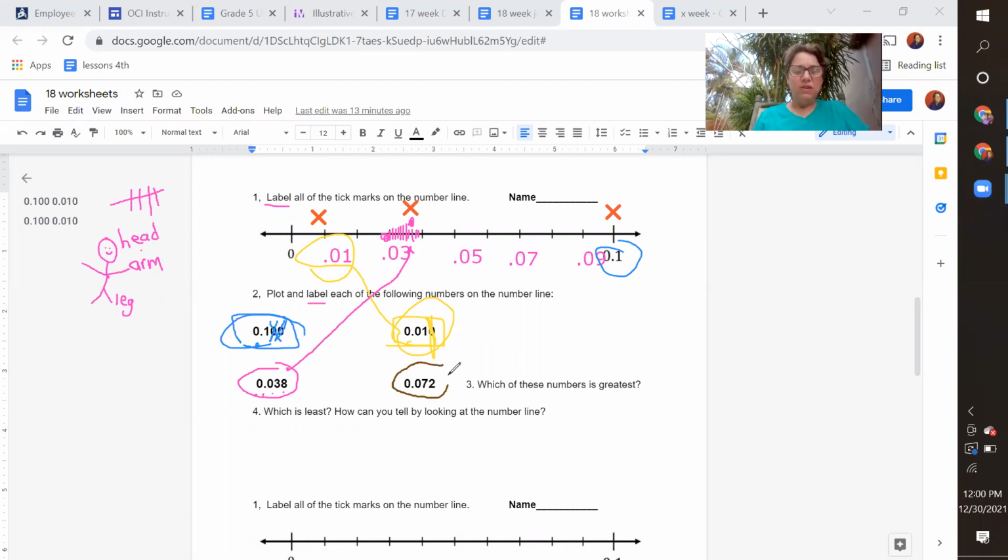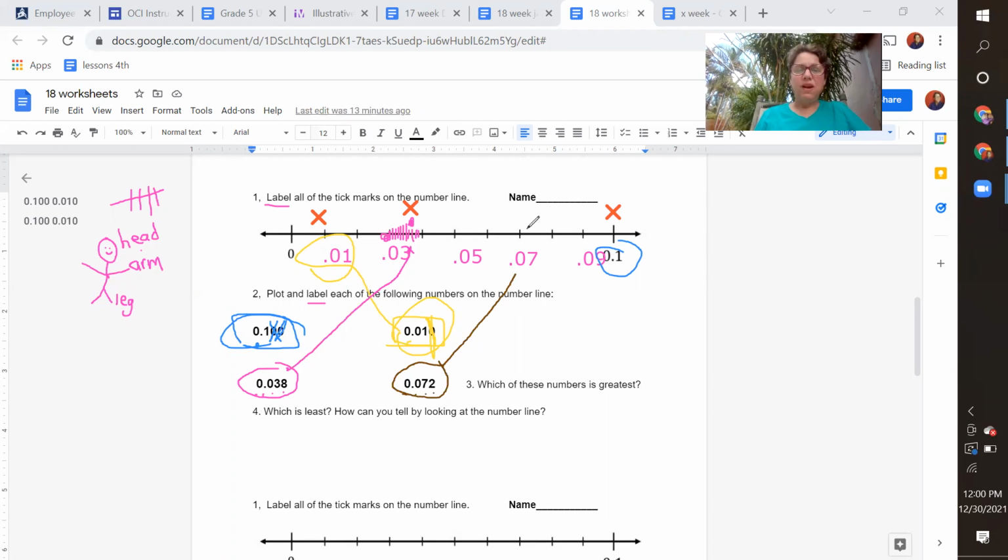Okay, so the next one, let's make that one reddish. What is this, brown? Okay, brown. 0.072. You can also say 72 thousandths. There's no zero I can get rid of, but I can go directly to 0.7.